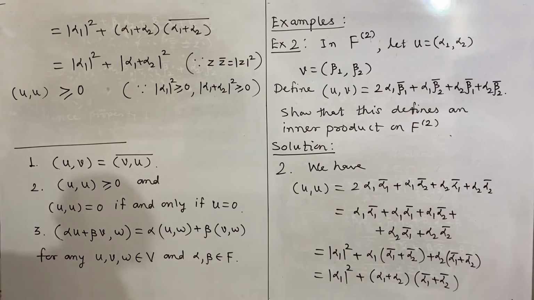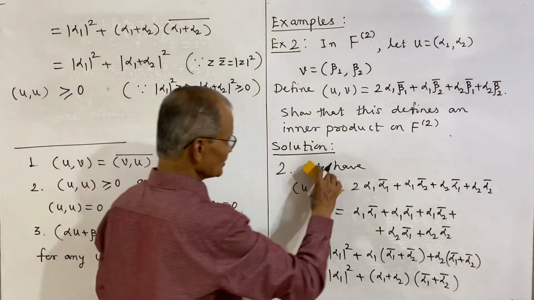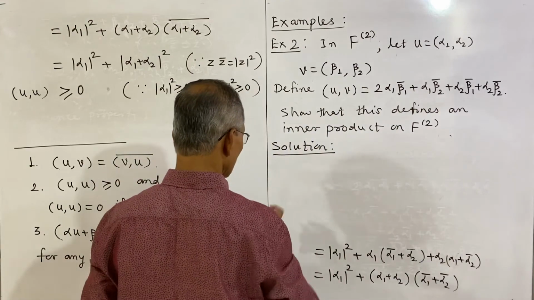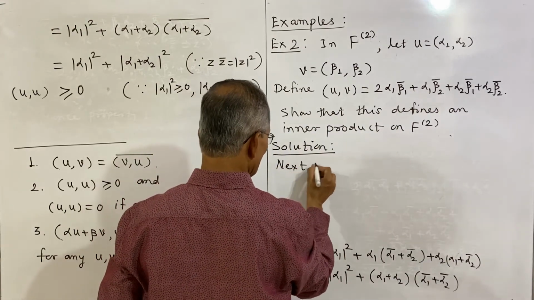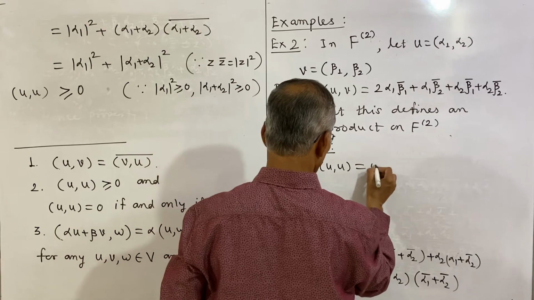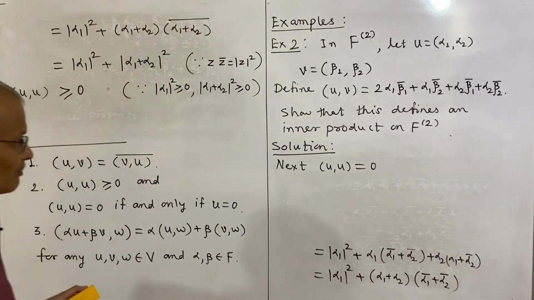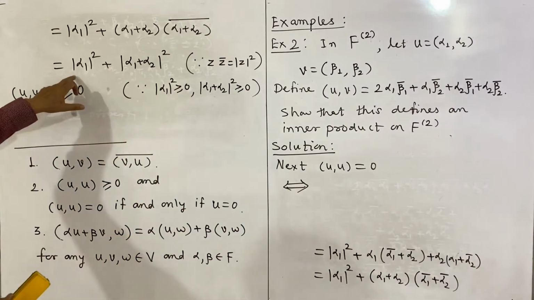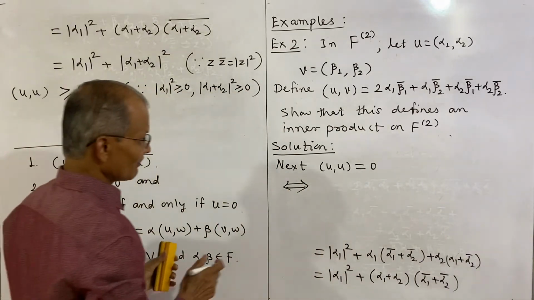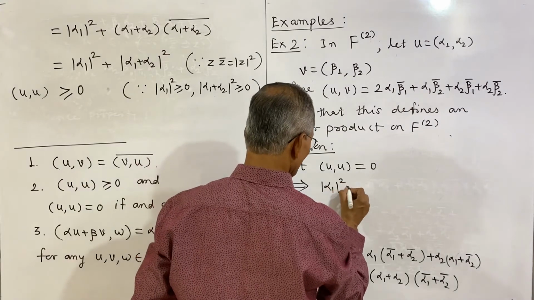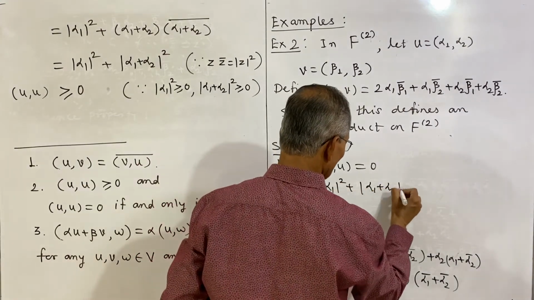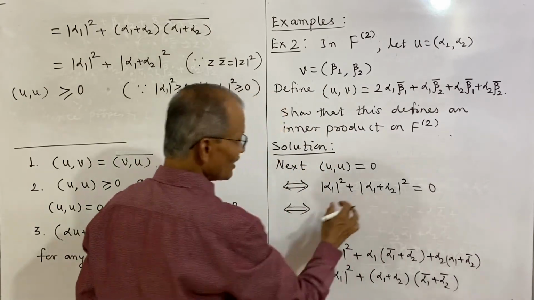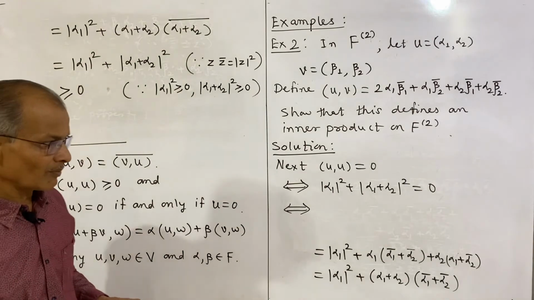Now what about the second part? Next, see, this is 0, second property's part. Next, inner product of u and u is 0, and that implies and is implied by. So we have obtained the expression for the inner product of u and u, that is here mod alpha 1 square plus mod alpha 1 plus alpha 2 square is equal to 0, and when will this be equal to 0? If alpha 1 is 0 and alpha 2 is also 0.